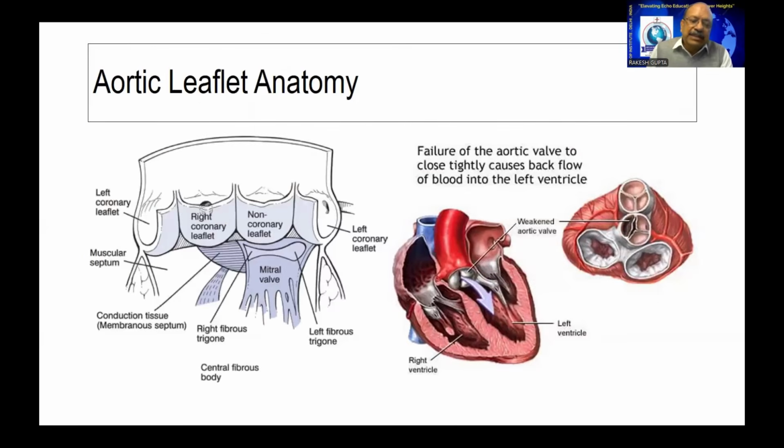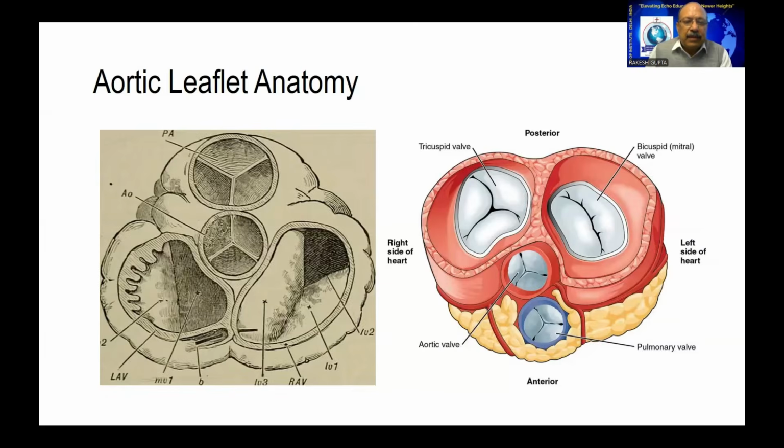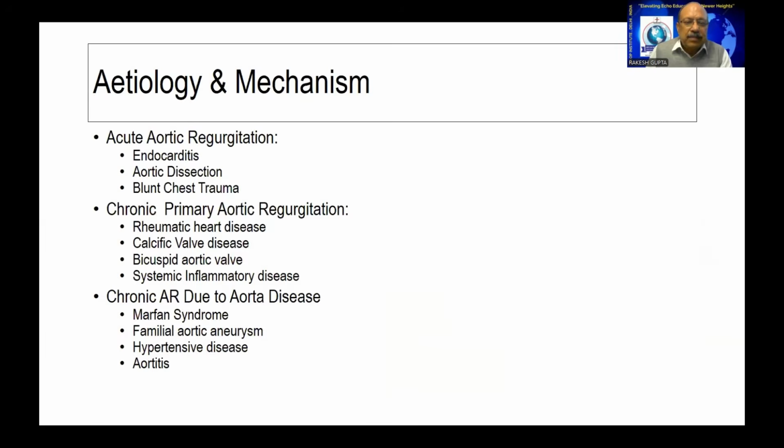So all of us understand the aortic valve has a right coronary cusp, non-coronary cusp, and left coronary cusp. Now, as we talked of mitral regurgitation, even aortic has the same issues.